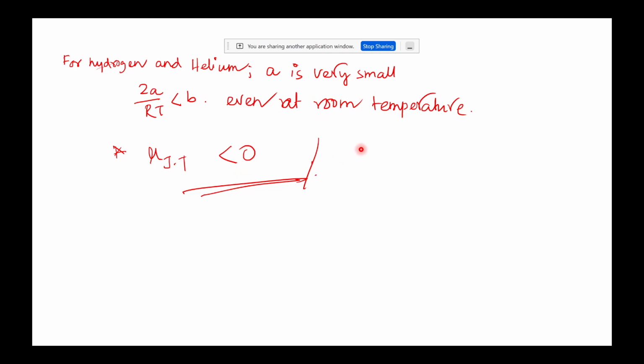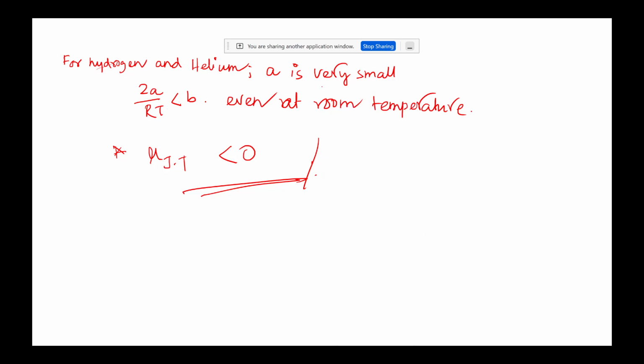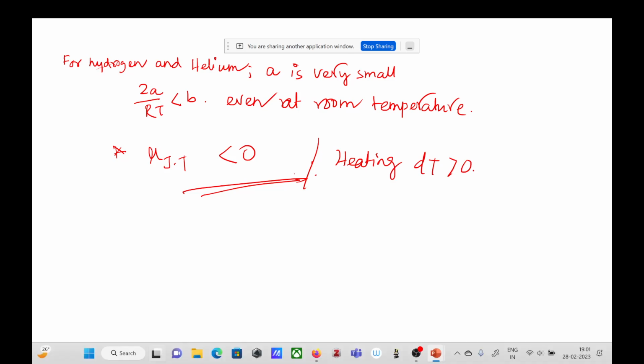That means, let me change with the pen, so that means heating, dT greater than 0.